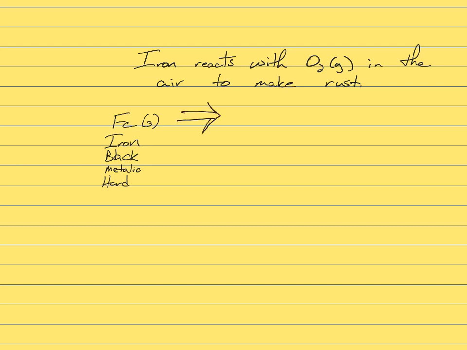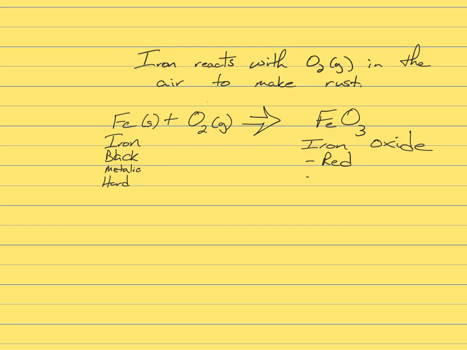And if you add to the iron some oxygen gas, what it forms is this thing called iron oxide, and it's FeO3 really. It's red.